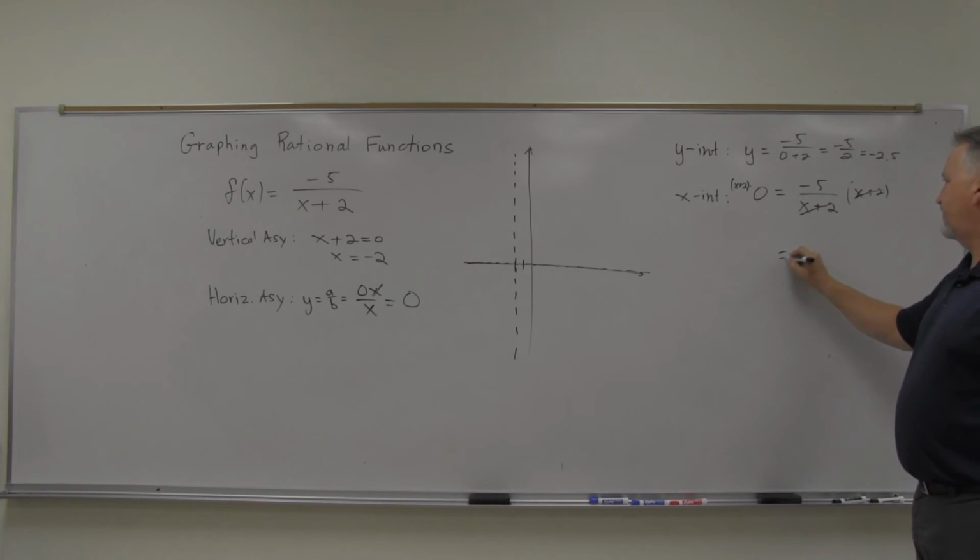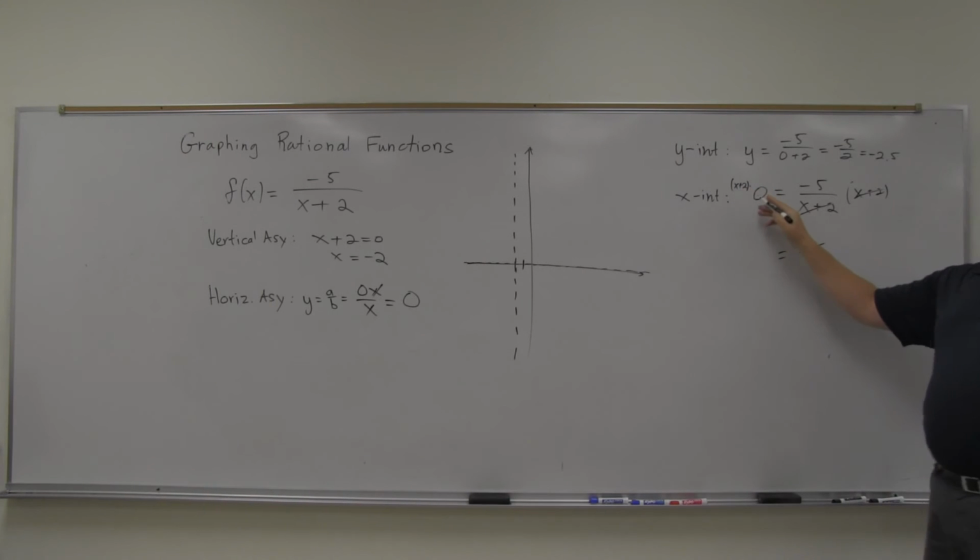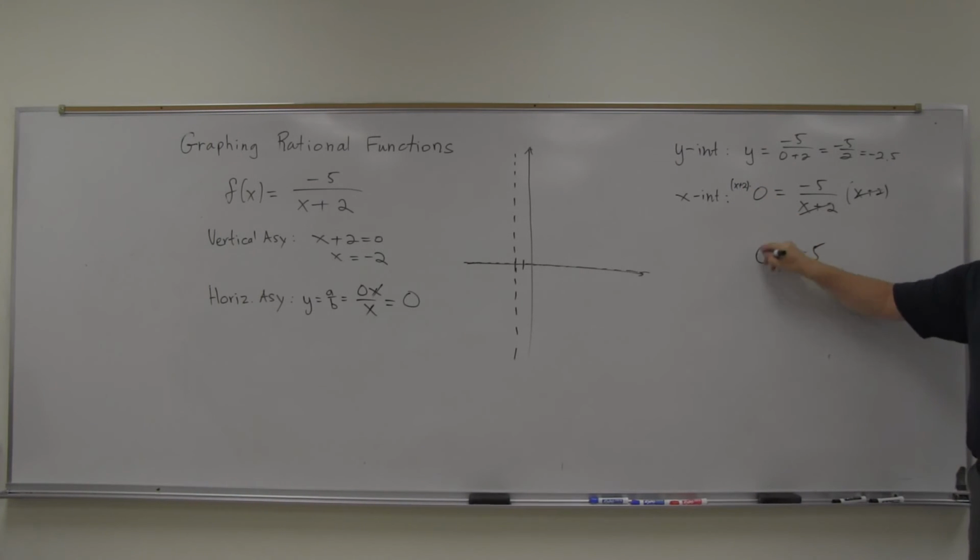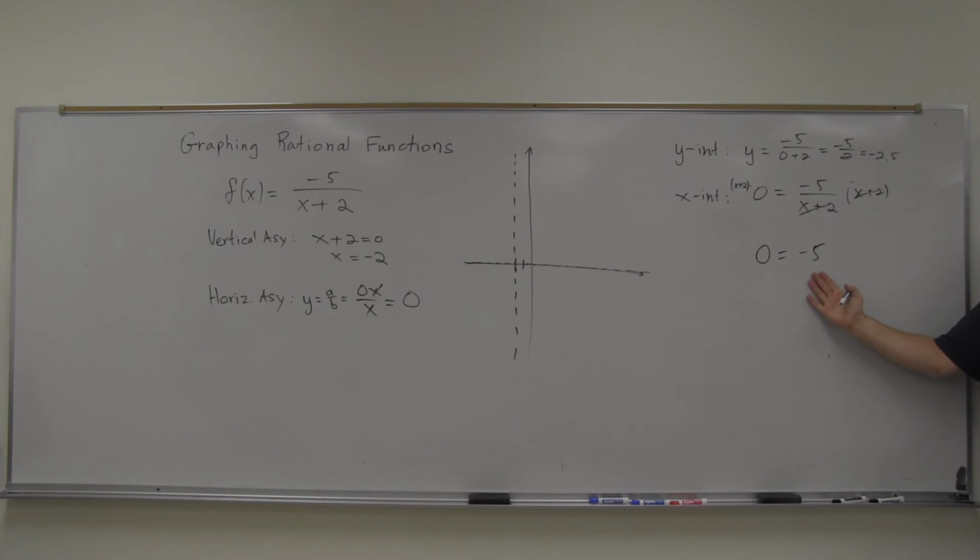That would cancel, and this side will be -5. But this side is 0. That's an equation that is false, isn't it? We've got a 0 equals just a number, -5. In other words, there's not an x there to solve for. That can't happen. There's no solution there.